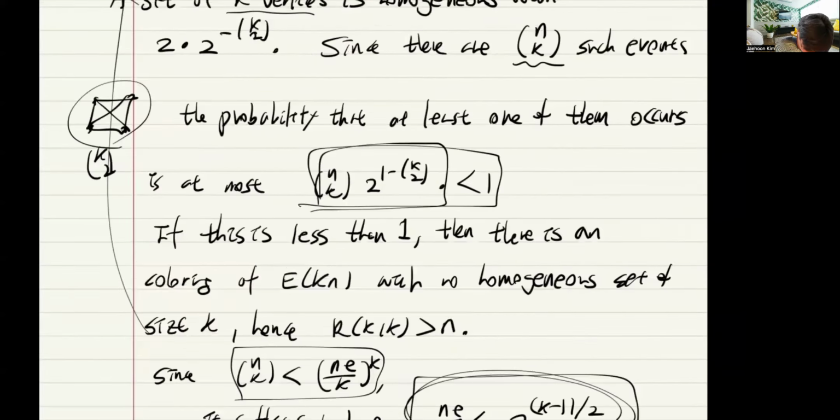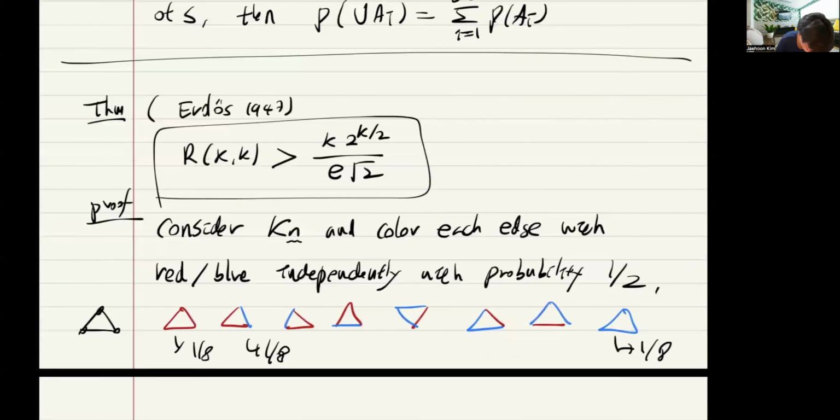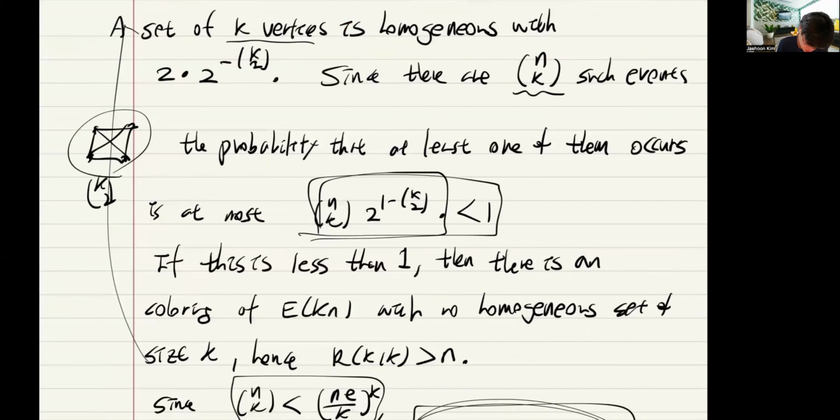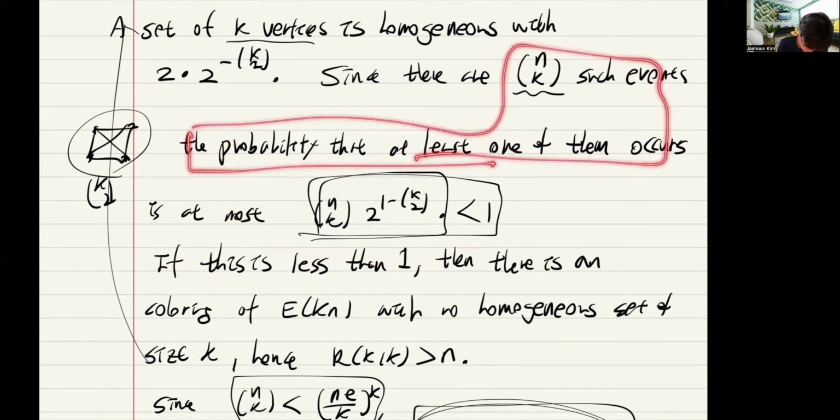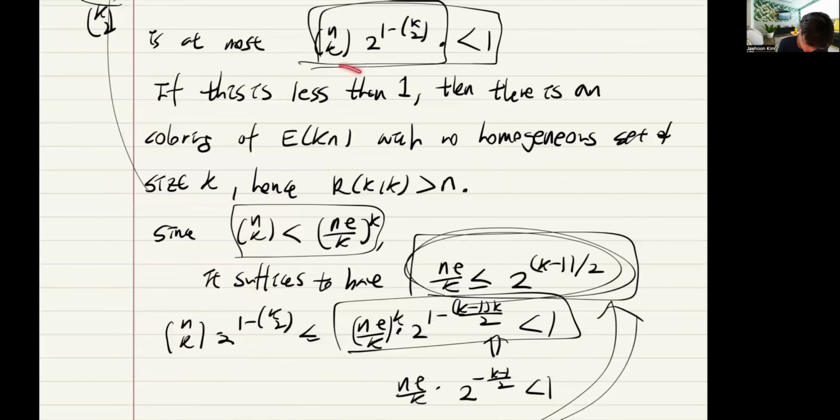And as I mentioned, these arguments are actually weighted counting. Instead of using this probability, you can actually count the number of colorings which have such a homogeneous set, and then you show that the number of such colorings is smaller than the number of entire ways of coloring, and so you show that there exists one.